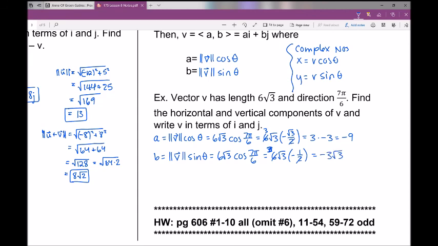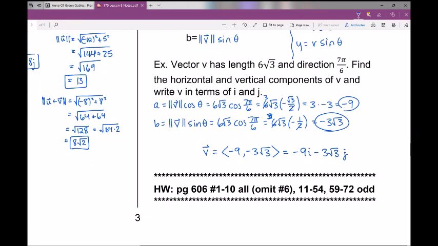So your horizontal component is negative 9, vertical component is negative 3 square roots of 3, and finally we just want to write vector v in component form, or in linear combination form. So I'll go ahead and do both. Component form would be negative 9, comma negative 3 root 3, and linear combination form would be negative 9i minus 3 root 3j. So that's a basic introduction to vectors.